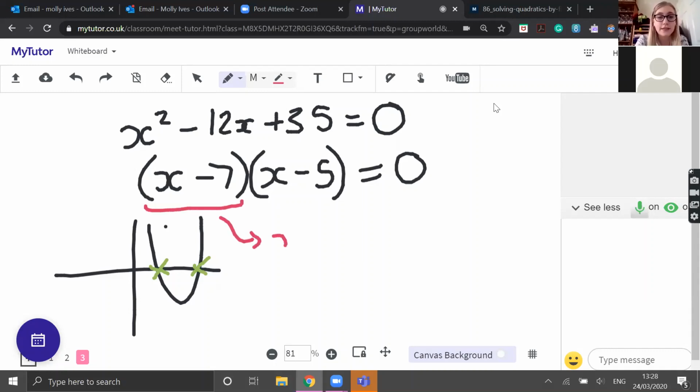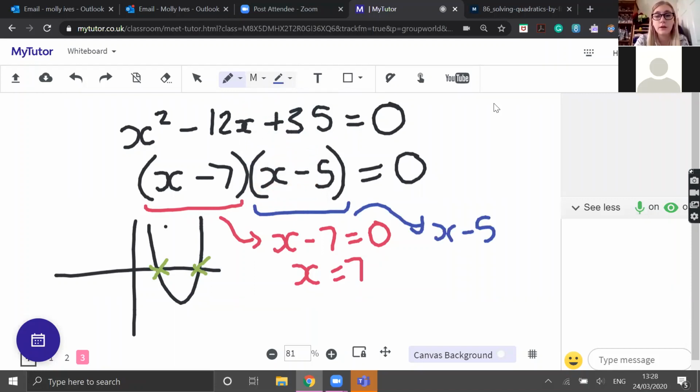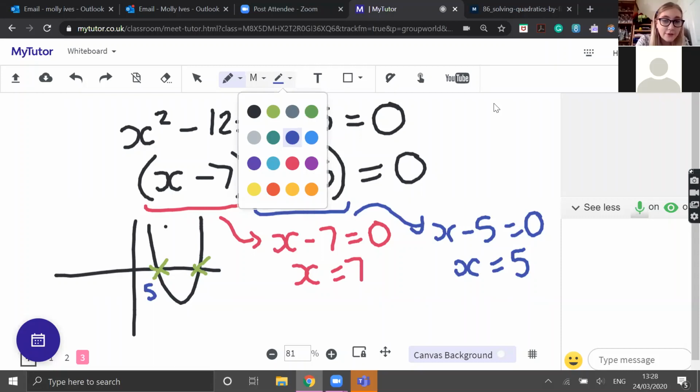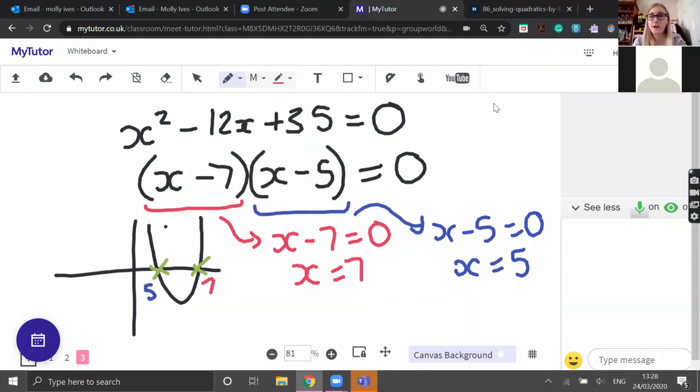Either this one equals 0, and for that to happen, x must equal 7, or this one equals 0, so for that to happen, x must be equal to 5. So these are going to be our points on here, 5 and 7. If you ever get a question like, where does this cross the x-axis? These are called the roots of the equation, what you put in and it makes it 0.